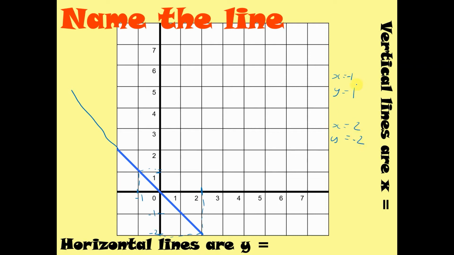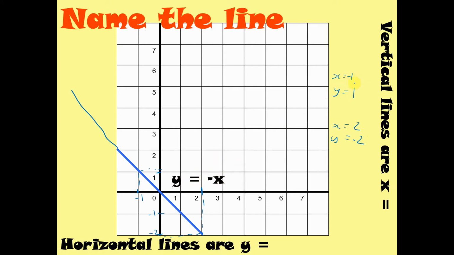So you can see that whenever one value is positive, the other value is negative. This is positive, so the other one is negative. So this line is called y is equal to -x, because when y is equal to 1, x is equal to -1.